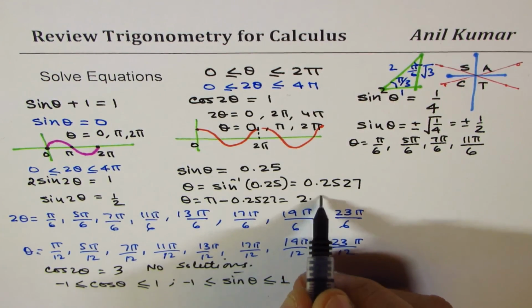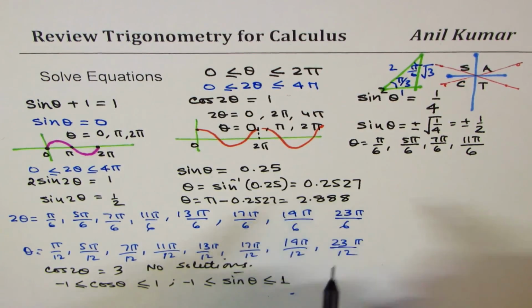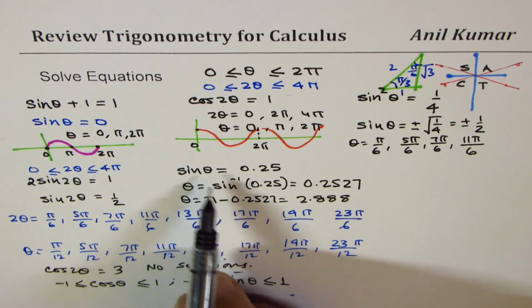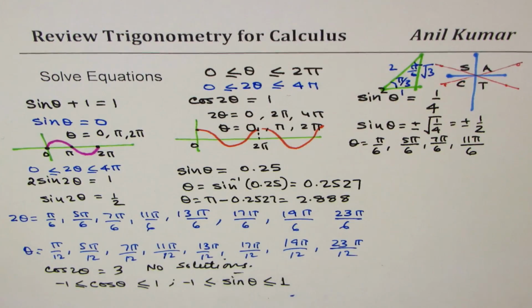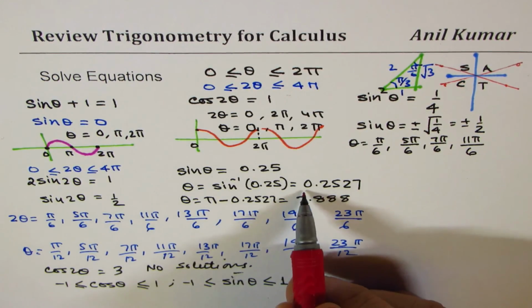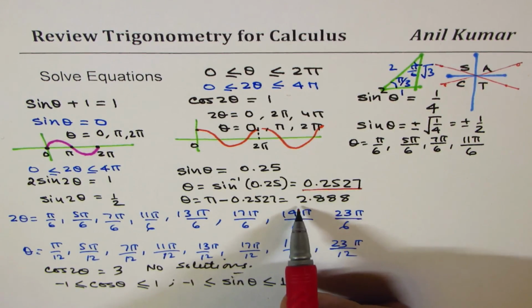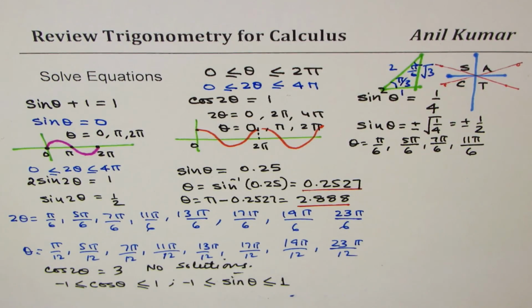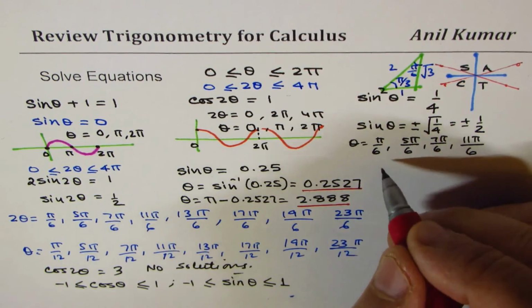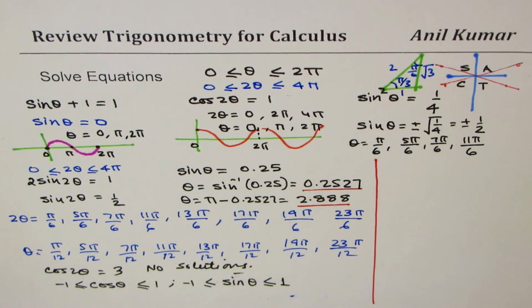So for sine theta equals 0.25, you get two solutions: one in quadrant 1, 0.2527, the other one in quadrant 2, right? So that is how you can use a calculator and find the answers.